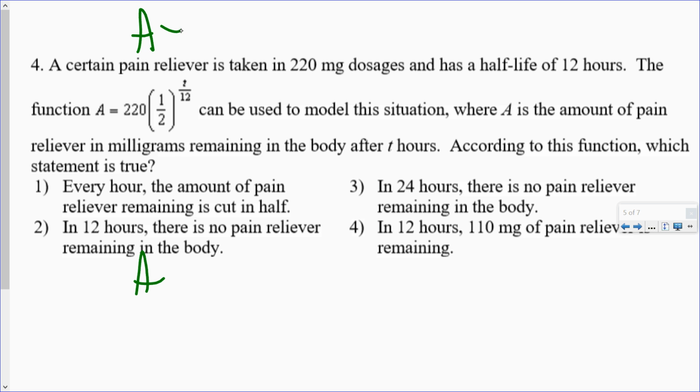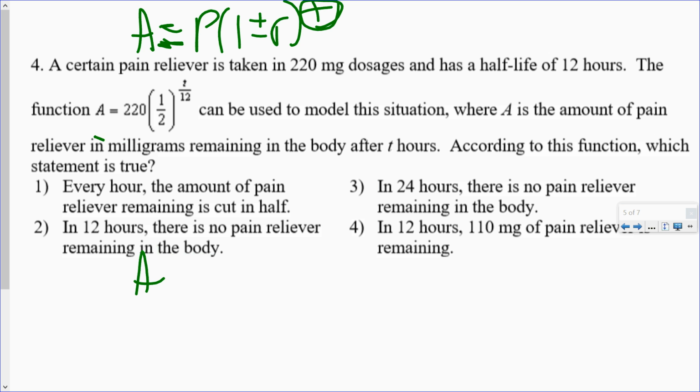I need just a t in the exponent. I don't have just a t here. And this is what we did in the previous lesson. We learned how to get it as just having a t in the exponent.